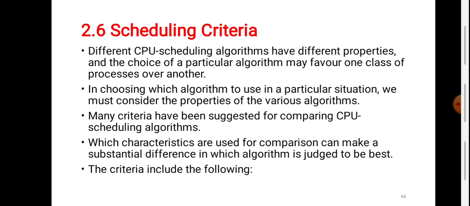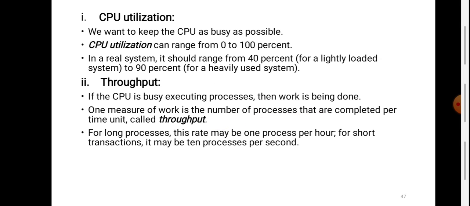So in choosing which algorithm to use in a particular situation, we must consider some properties of these algorithms. Many criteria have been suggested for comparing CPU scheduling algorithms. These scheduling criteria are used to compare the scheduling algorithms, and based on your requirement you can use the suitable scheduling algorithm. So which characteristics are used for comparison, we are going to see now. The criteria include the following things.